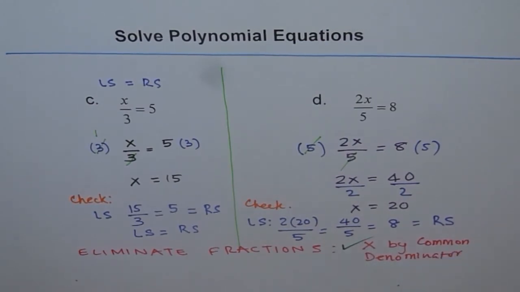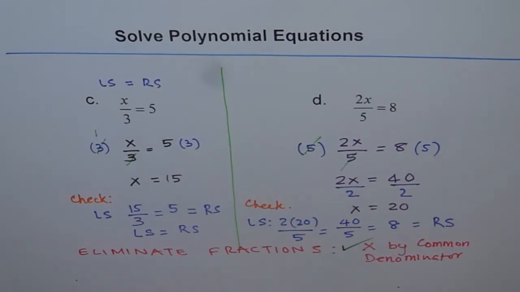Now these were very simple examples. We just had one denominator, so we multiplied by that. Soon you will see more than one denominator. Then we'll figure out the common denominator and multiply by that. But the strategy is to eliminate fractions, right? Okay, let's move on. Thank you.